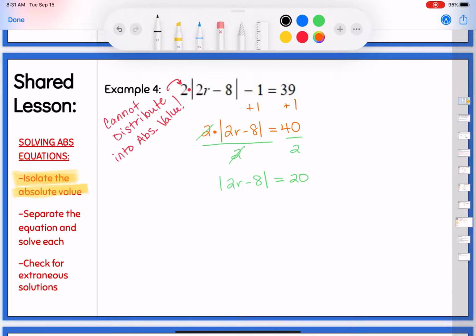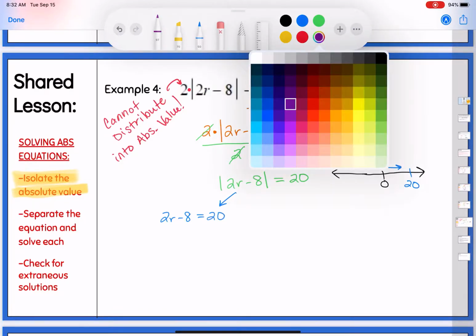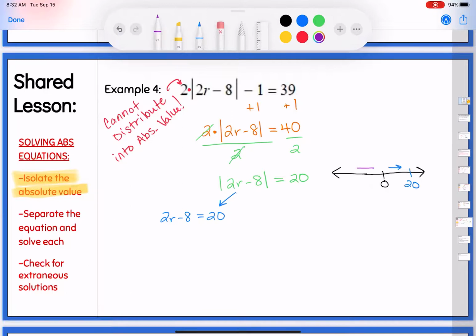All right, so now I have my absolute value by itself, so I can tell that one possibility is for it to be 20 units to the right of 0, to be 20 units away. So I could have 2r minus 8 equals positive 20. My other possibility is that I'm 20 units to the left of 0.